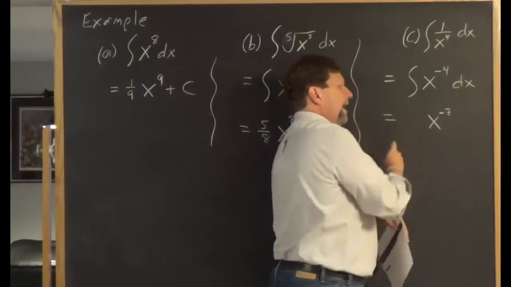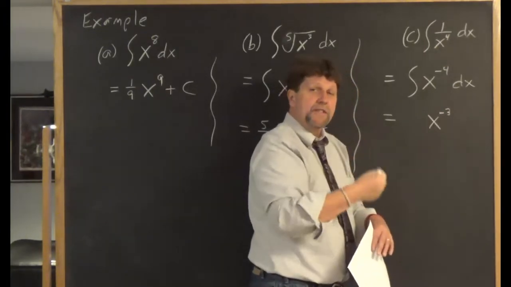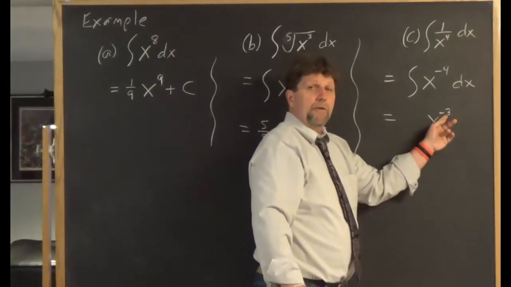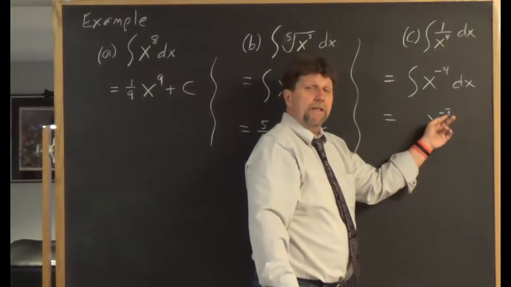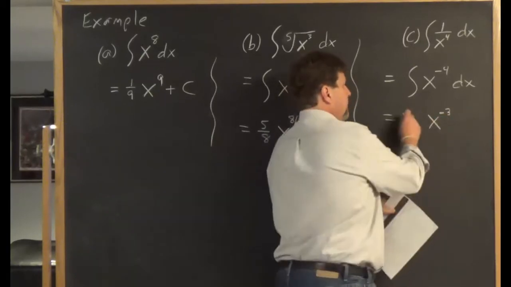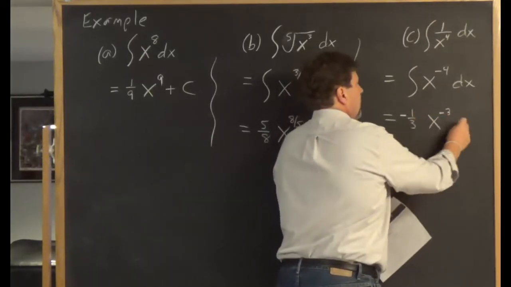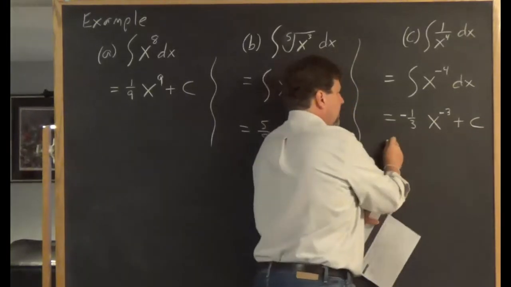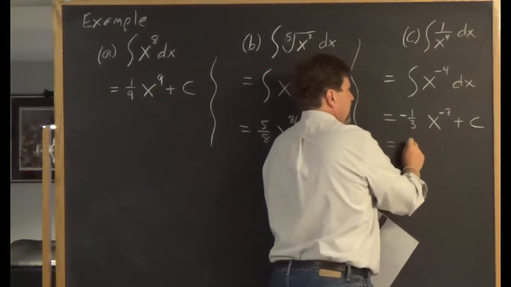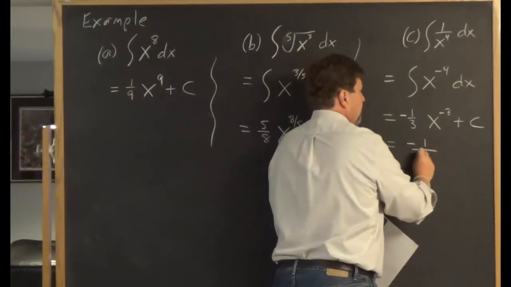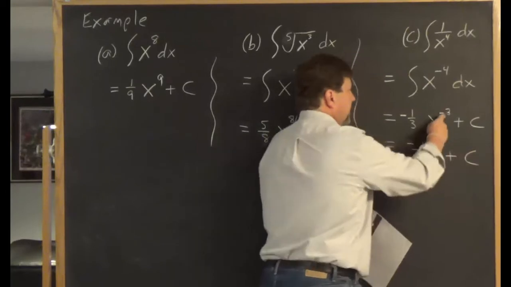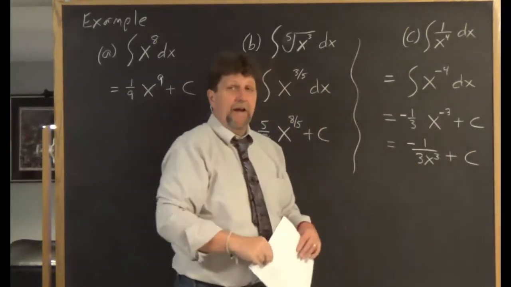The little multiplier that goes in front is the reciprocal of the new exponent. Well, the reciprocal of negative 3 is negative 1/3. I tack on my plus c. And I could rewrite this as negative 1 over 3x cubed if I didn't want to see a negative exponent in my final answer.